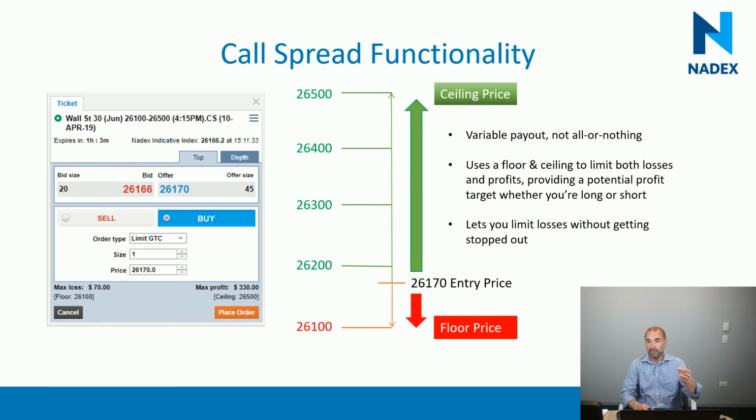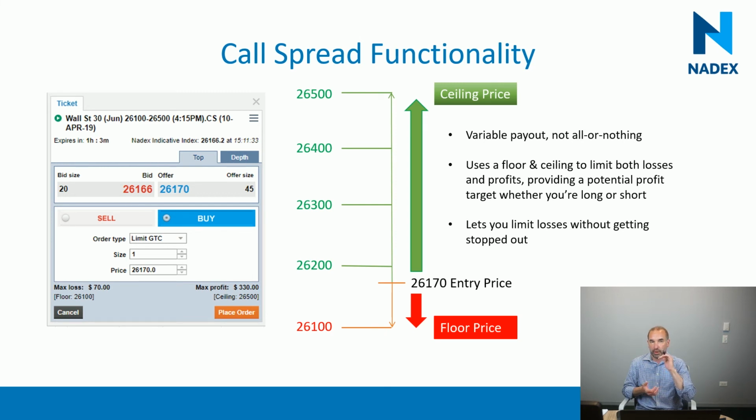I've got a lot of upside. So perhaps the market, say, was at 26,165, right? That would be where the offer price was, or that's where the underlying indicative is, I might have to pay a little bit of premium. So maybe I pay the 26,170, but I do that because in case the market drops, I'm not getting knocked out at the floor. That's the biggest difference between the call spreads and the touch brackets.